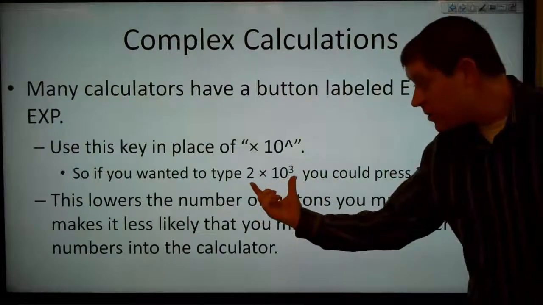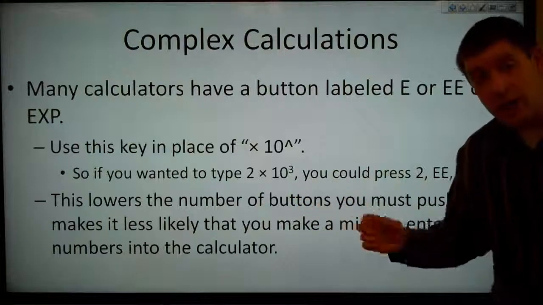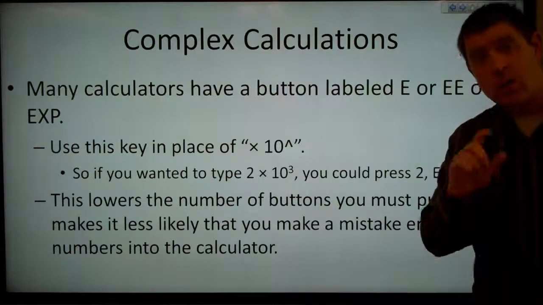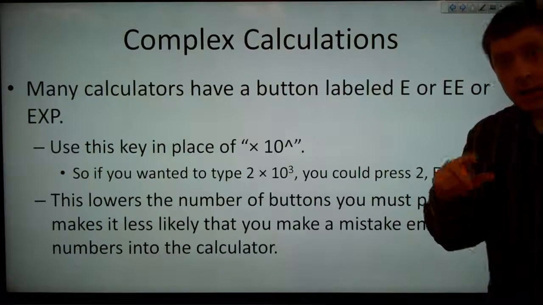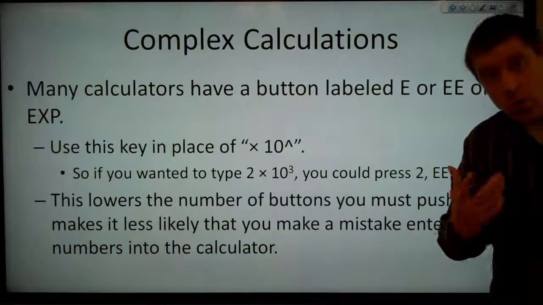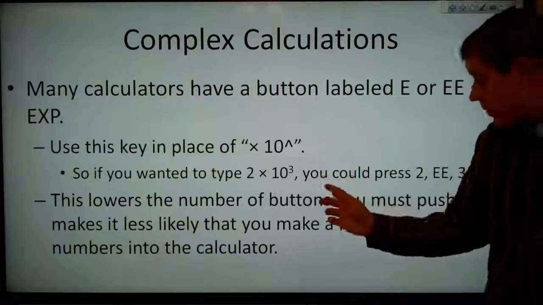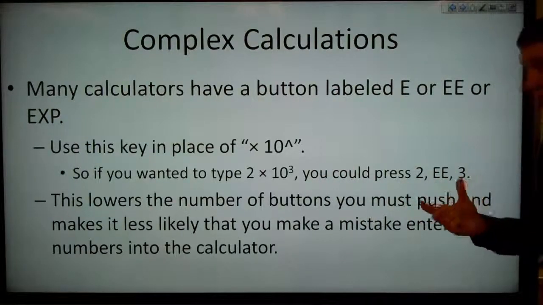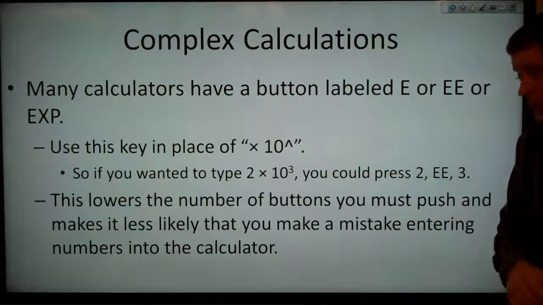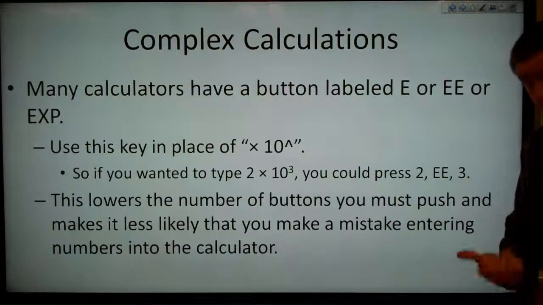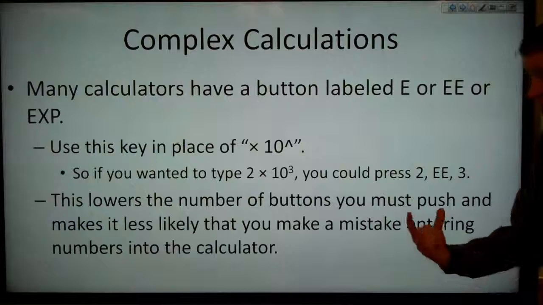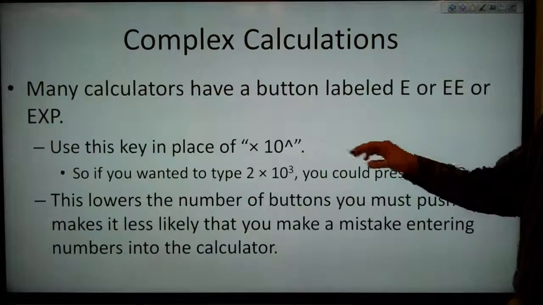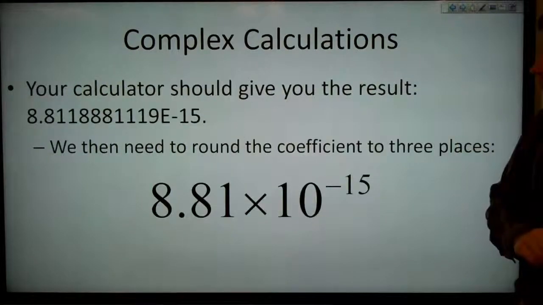So if you wanted to type 2 times 10 to the 3, you could either type the 2 button, then the times button, then the 1, then the 0, then the caret, and then the 3, or you could hit 2, EE, 3. So it's going to be shorter. It's going to lower the number of buttons that you have to push. It's going to be faster to put it in, and it also should prevent you from making a few mistakes if you leave out one of the buttons.